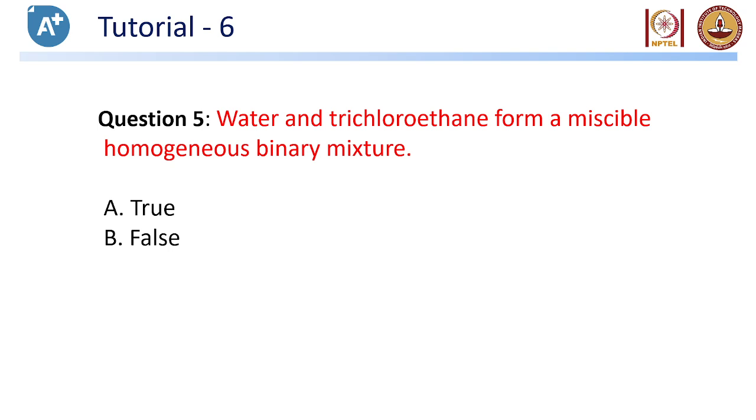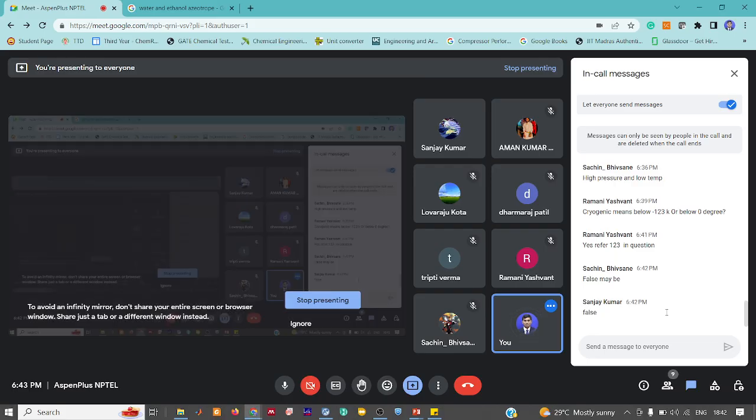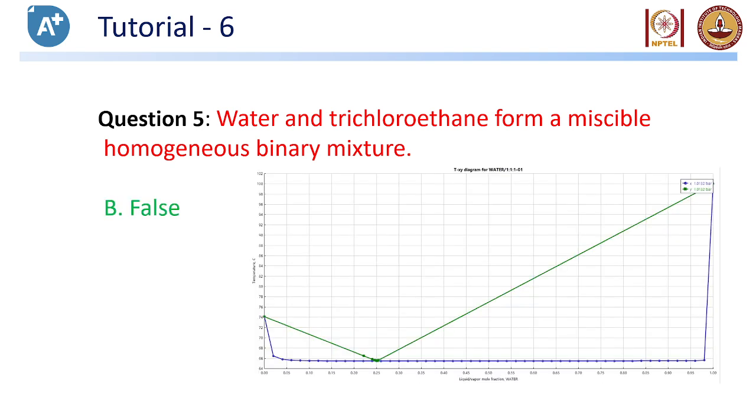Could you check it? What does it form? If you have opened Aspen and checked the TXY diagram of this particular mixture, you can see that you have liquid-liquid separation, where below this you have liquid 1 and below this you have liquid 2.